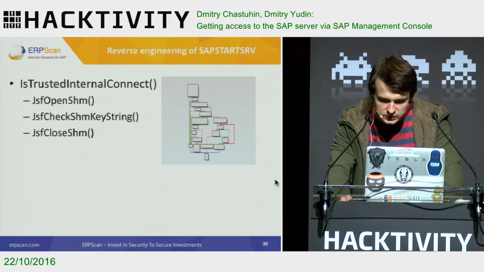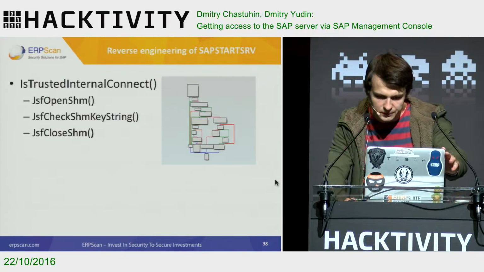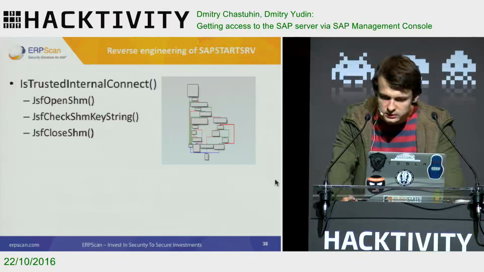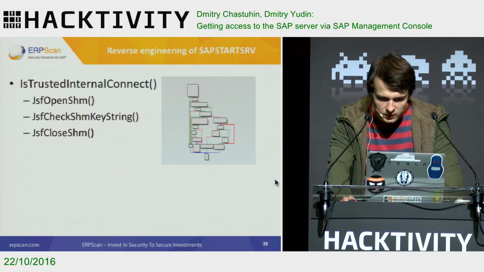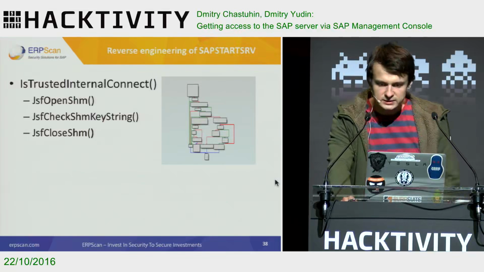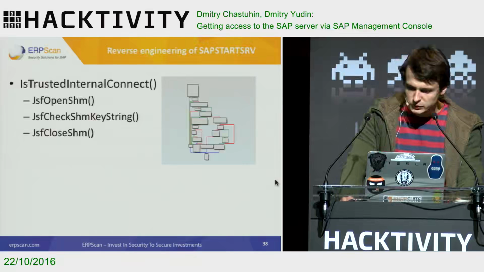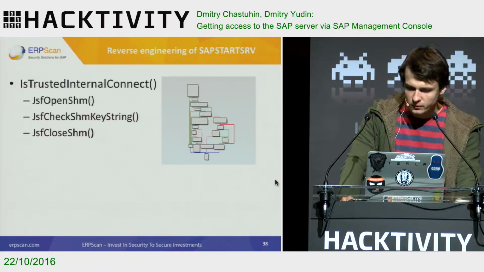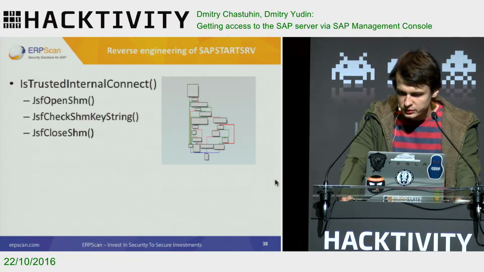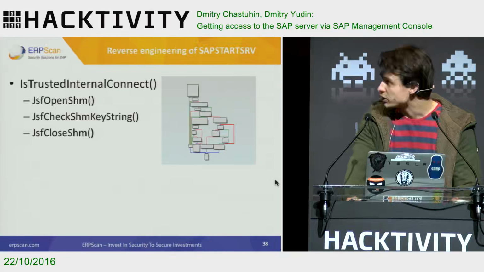While trying to understand it, we found a function which has an interesting name. It's called TrustedInternalConnect, which is called during authentication checks. Looks like there exist some internal services which also require authentication on SAP Start SRV. Maybe for these functions SAP uses another type of authentication.